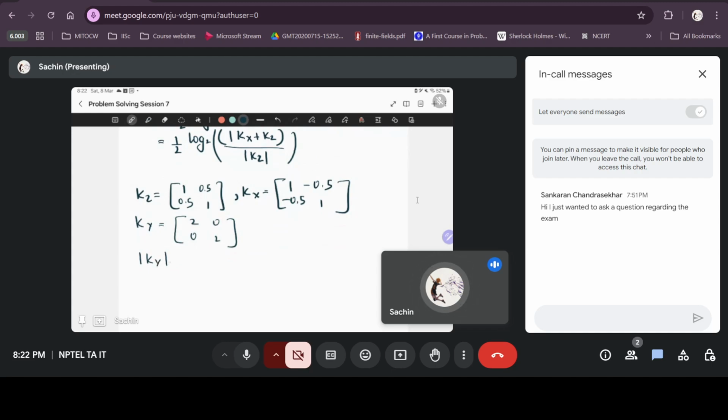Determinant of KY is 4. Determinant of KZ is 1 minus 1 over 4, 3 over 4.